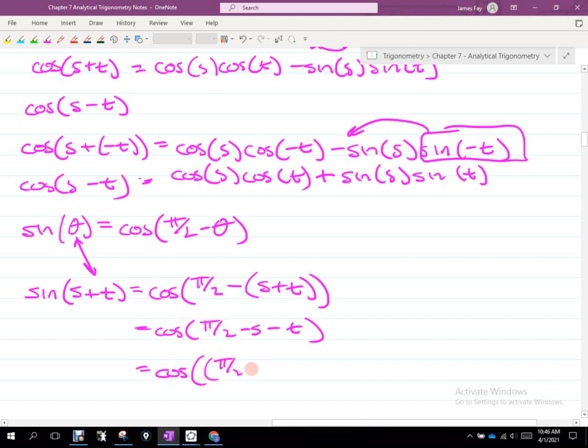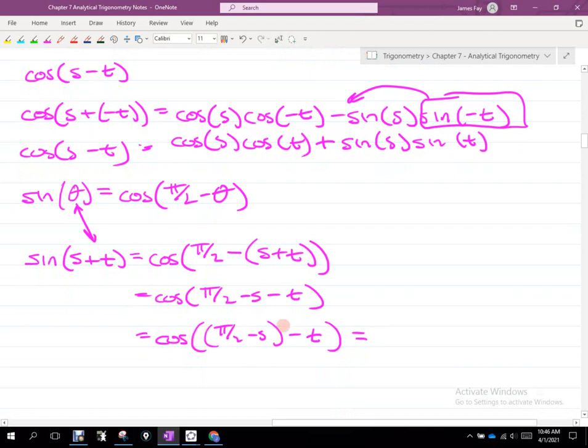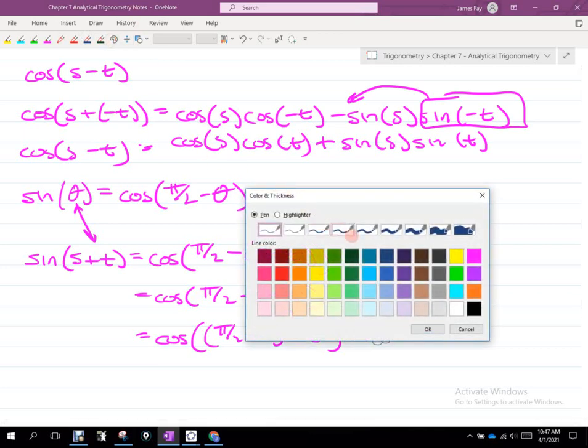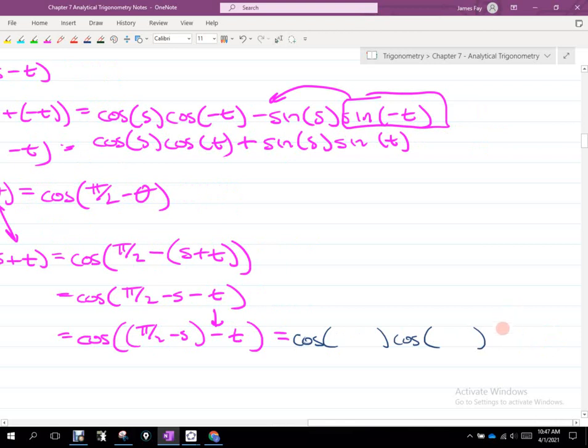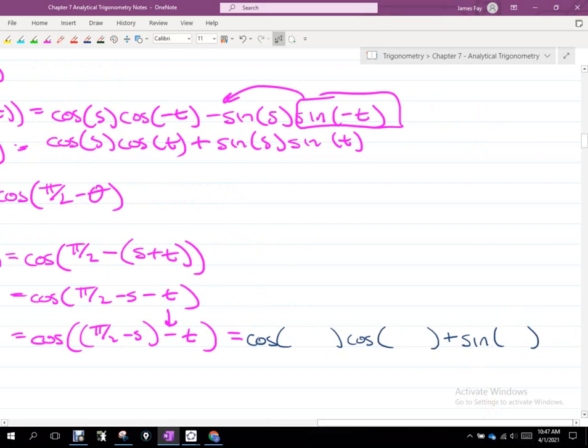I'm going to group pi over 2 minus S first, and then minus T. Now I'm going to run that through my cosine difference formula, which goes cosine of something, cosine of something, plus sine of something, sine of something. I'm running out of room here, so hopefully we can fit all this stuff in.